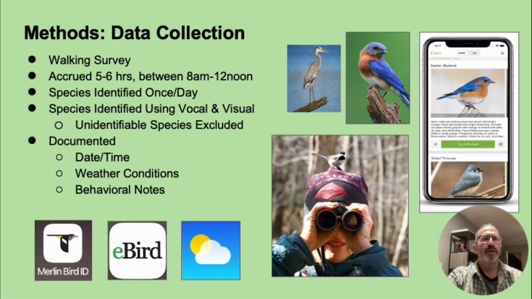We also identified the species with the aid of the Merlin Bird ID and eBird. We also noted whether it was vocal only that we confirmed, and then if it was both vocal and visual. And we excluded any species that were unidentifiable.